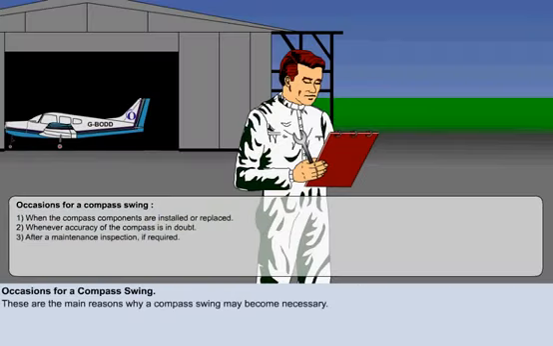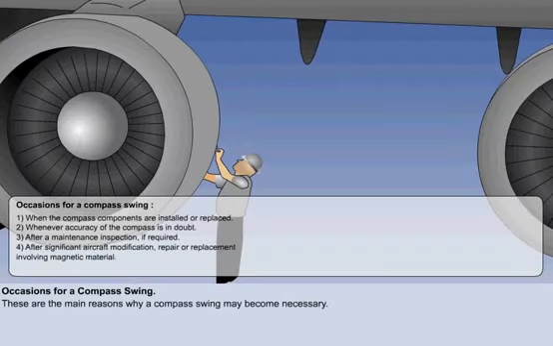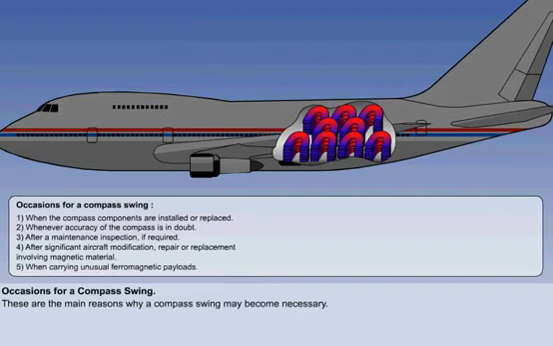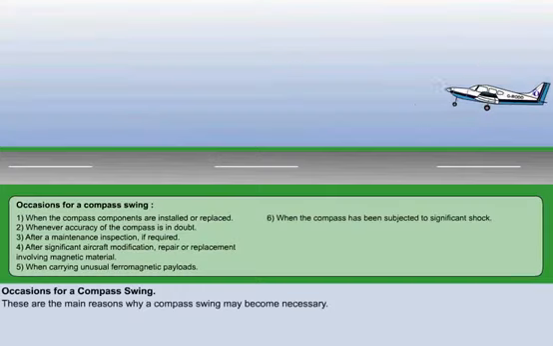After a maintenance inspection if required. 4. After significant aircraft modification, repair or replacement involving magnetic material. 5. When carrying unusual ferromagnetic payloads. 6. When the compass has been subjected to significant shock.